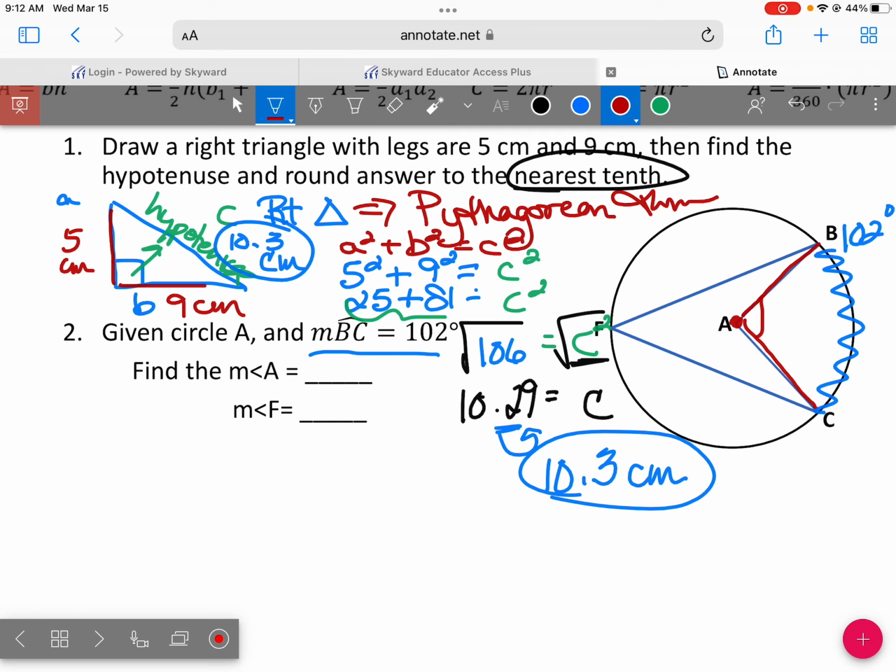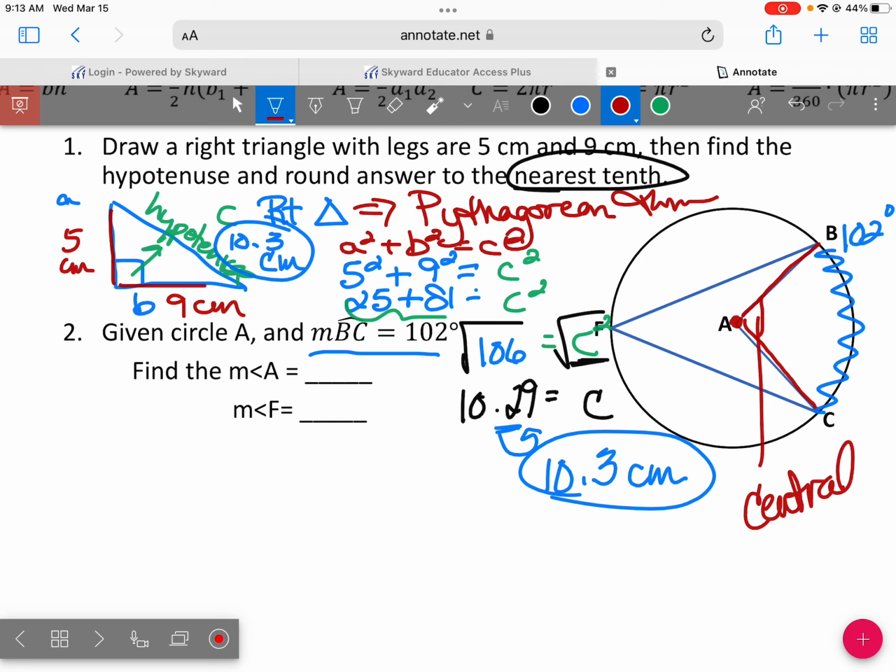What kind of angle do we call this where it has the vertex at the center? Not inscribed. The center of the circle. So it is a central angle.